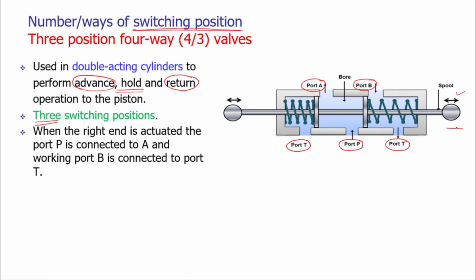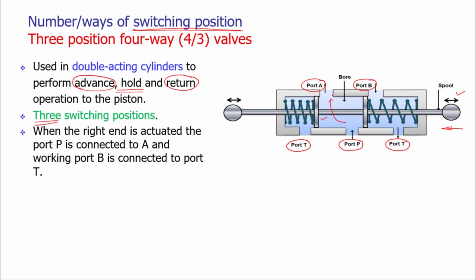If we apply the force at the right end, the spring related to the spool near to port A is compressed. When the pressure is applied on the spring related to port A, the fluid port P is connected to the application port A.